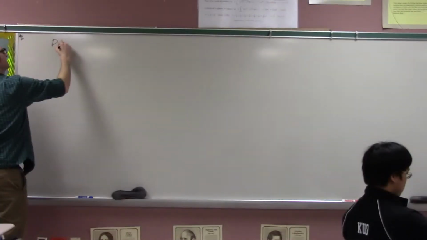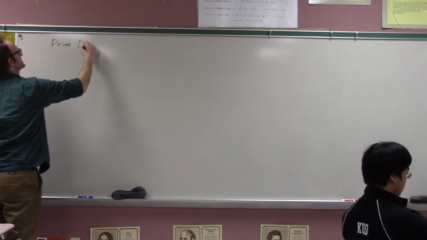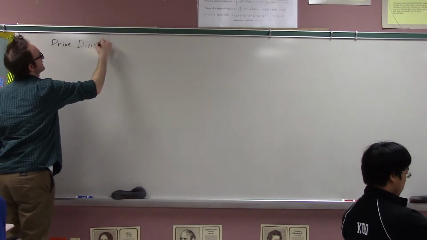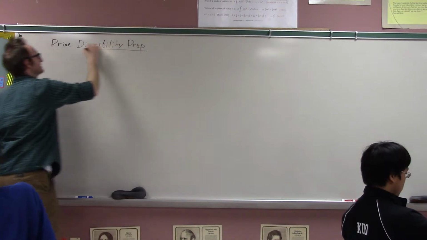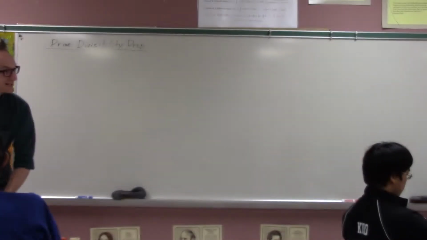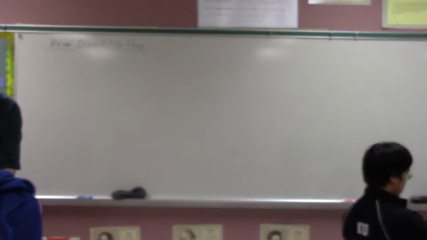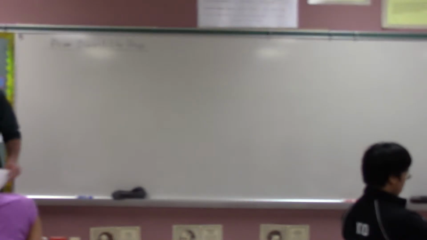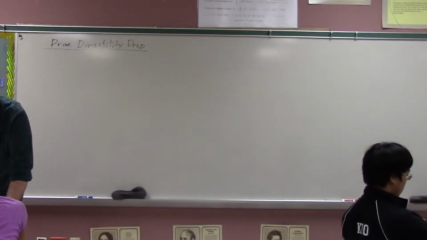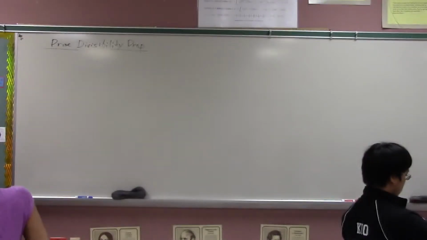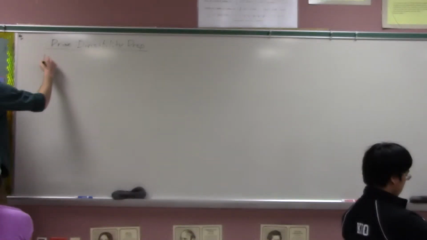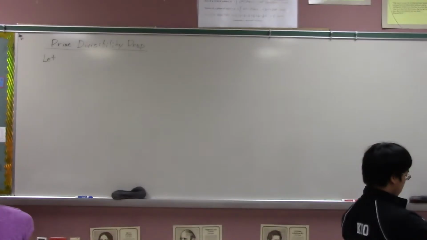I think I might be able to just do this off the top of my head. Prime divisibility property. It says that if a prime divides the product of a whole bunch of numbers, it must divide one of those numbers. Here it is, right there on the bottom of page 114.